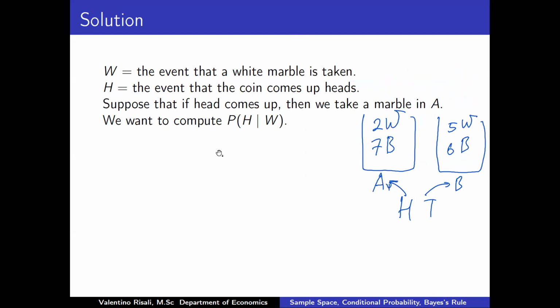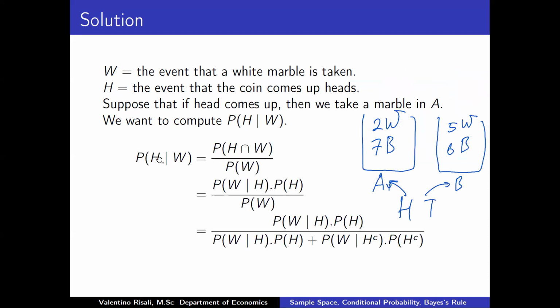By the Bayes rule, we can compute this by this formula. Let me find the value of P(W given H). That is, we know that H comes up head, and then what is the probability of white?